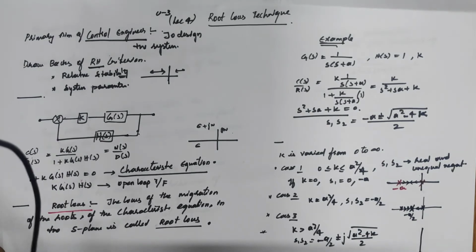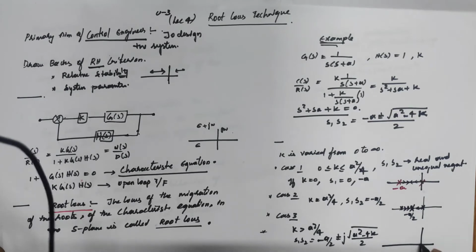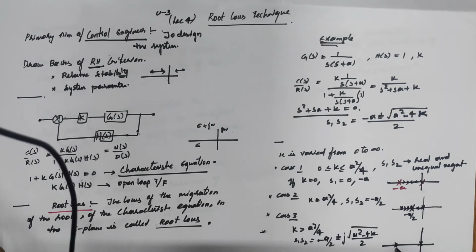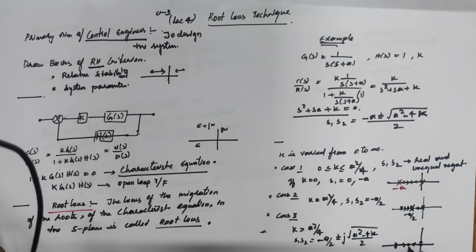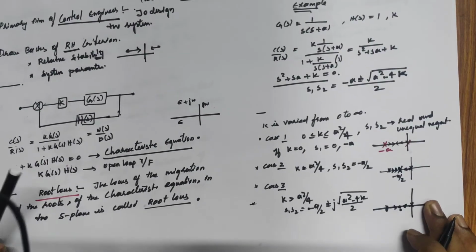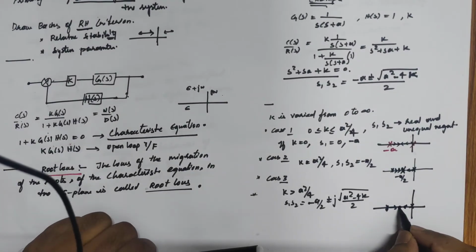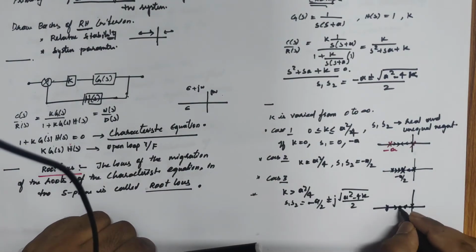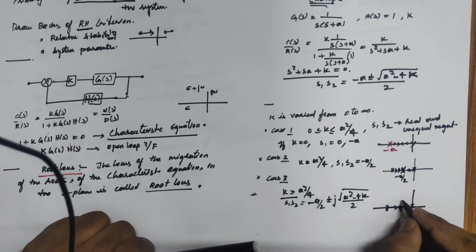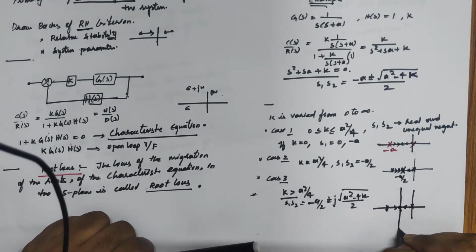So from k equal to 0 to a square by 4, my poles are shifted along the real axis. At k equal to a square by 4, I got poles at this point, and when k is greater than that, my poles are complex.